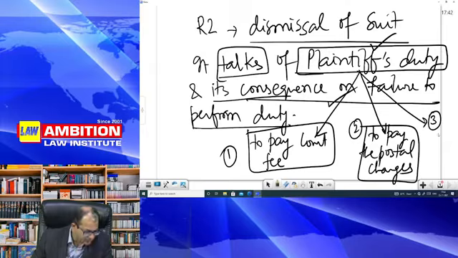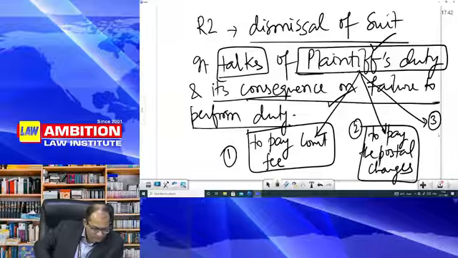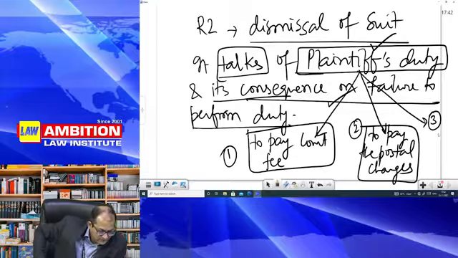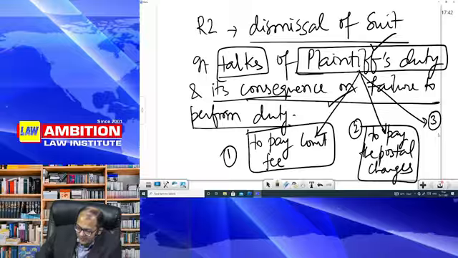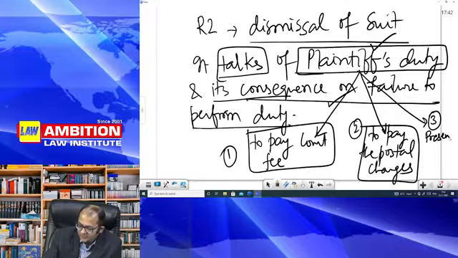So plaintiff's duty is to pay court fees, to pay the postal charges, and to present copies of plaint. These are his duties.